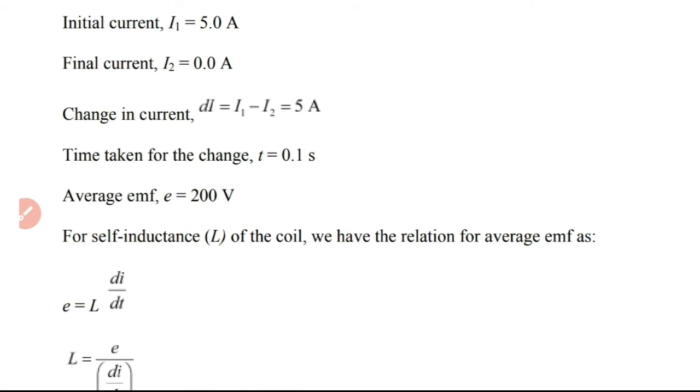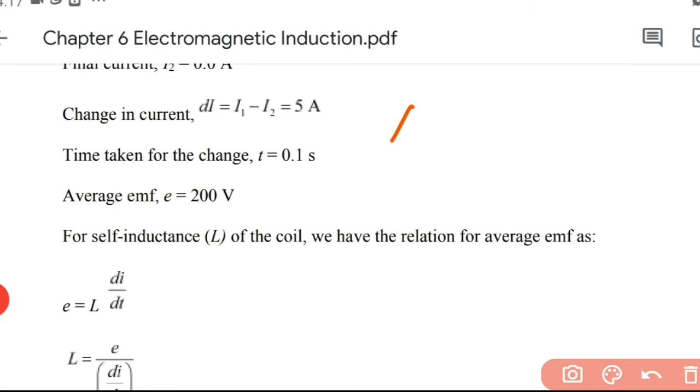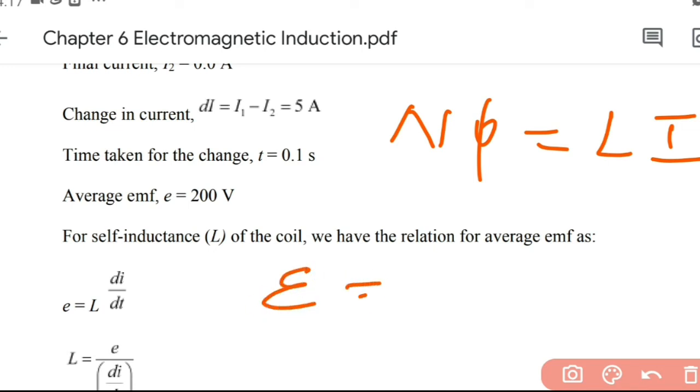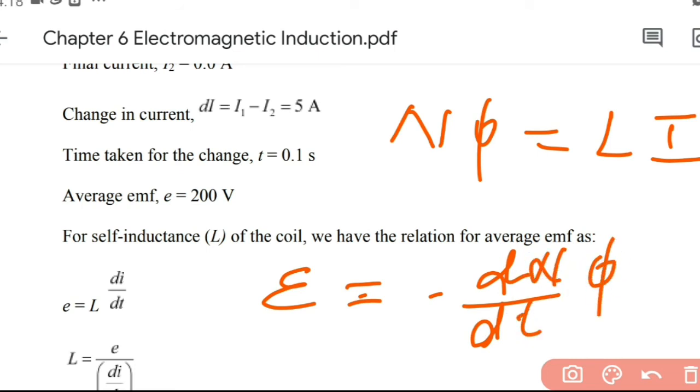We obtain this equation from the first expression, that in self-inductance we have N phi equal to L into I. By differentiating this expression, or by using the concept that epsilon is equal to minus d by dt of N phi, we have epsilon equal to L into di by dt. So in terms of self-inductance, the induced EMF is epsilon equal to L into di by dt.